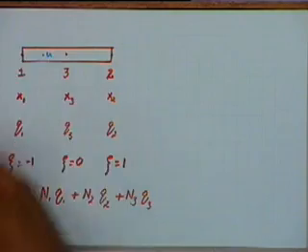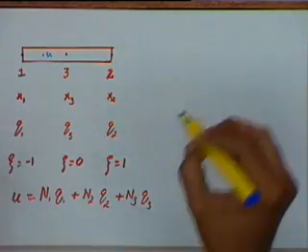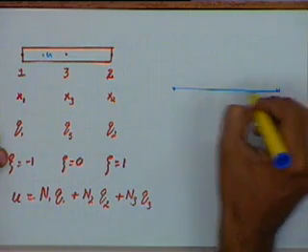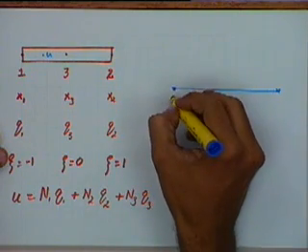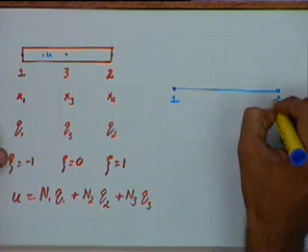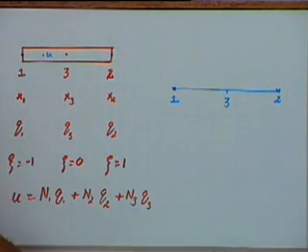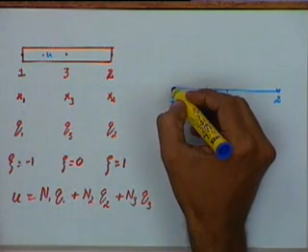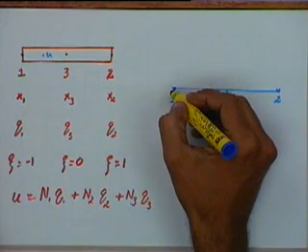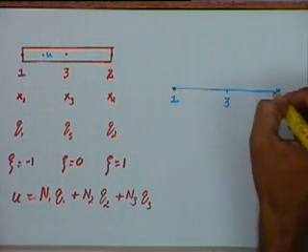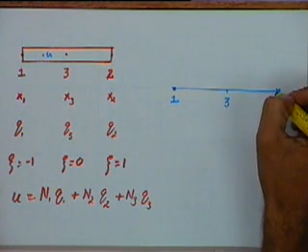The way we will take these shape functions: this is my node 1, node 2, and let us say this is my node 3. n1 is a weightage associated with the point 1. So our criteria will be that n1 will be 1 at this point and will be 0 at both the other points.